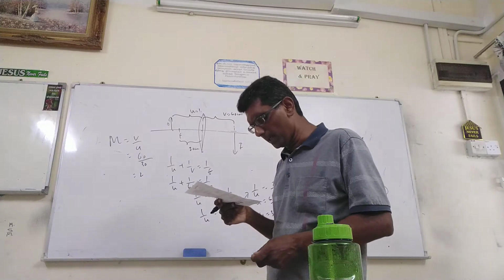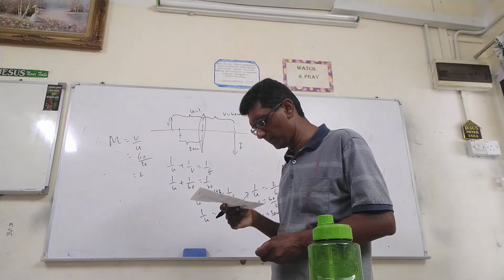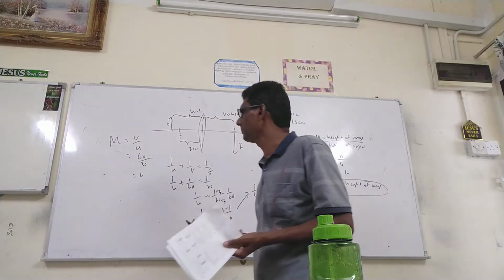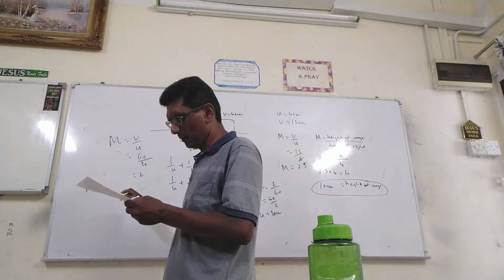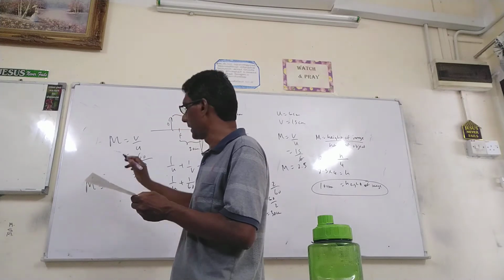Question 15. If the height of the candle is 2.5 cm, what is the height of the image? Same formula: magnification is the height of the image over the height of the object.